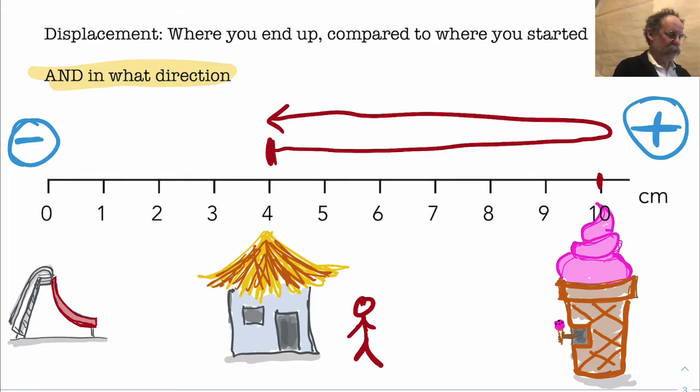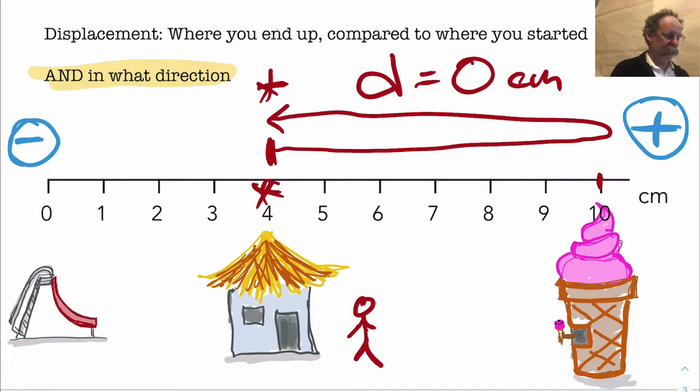Where did she start? At her house. Where did she end up? At her house. How far away is that? 0 centimeters. The displacement here is 0 centimeters. Displacement only cares about where you start, where you end, and what direction you end up in. Do you end up in the positive direction or in the negative direction?